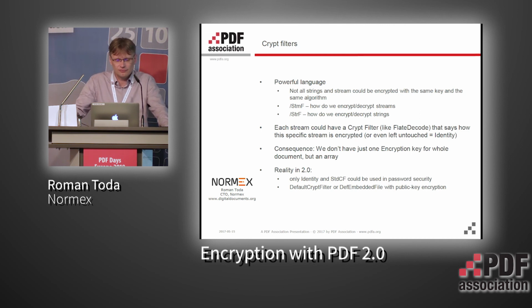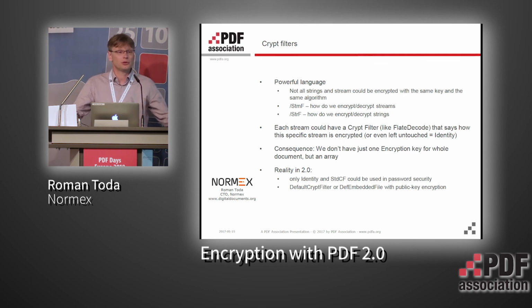However, as I mentioned, for implementers there is a consequence. We don't have just one encryption key, but we would need to keep track of all the encryption keys based on the encrypt filters used. The reality in 1.7 as well as in 2.0 is that only 2 crypt filters are defined in PDF 2.0.